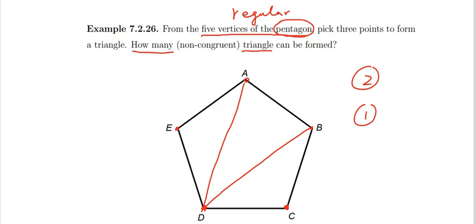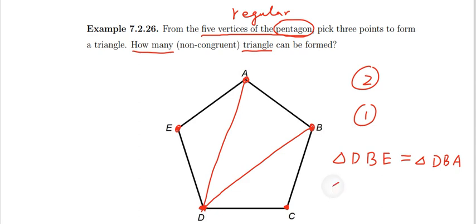I'm sorry, there's a problem, we should be careful. If we pick DB, then we can pick E, A, or C as a point. Triangle DBE and triangle DBA are the same.